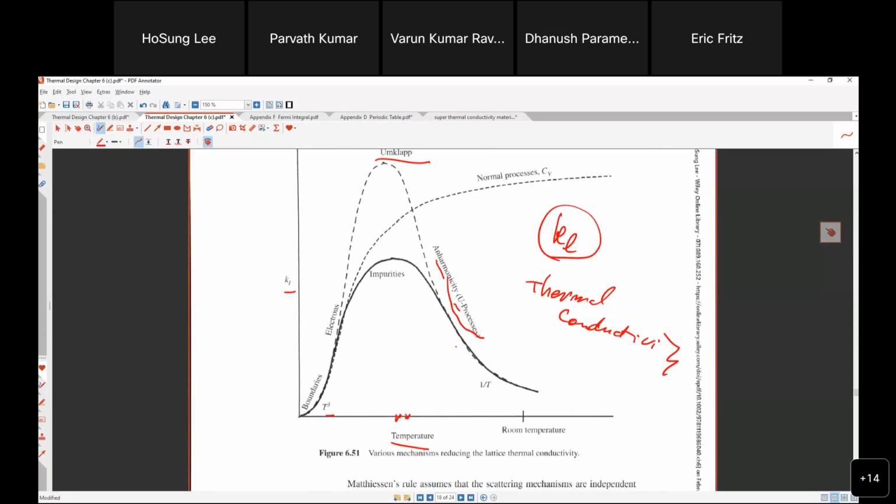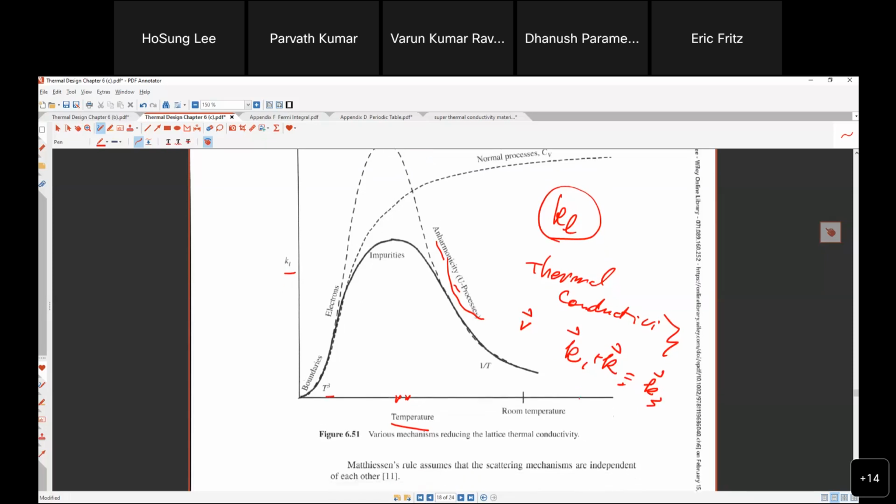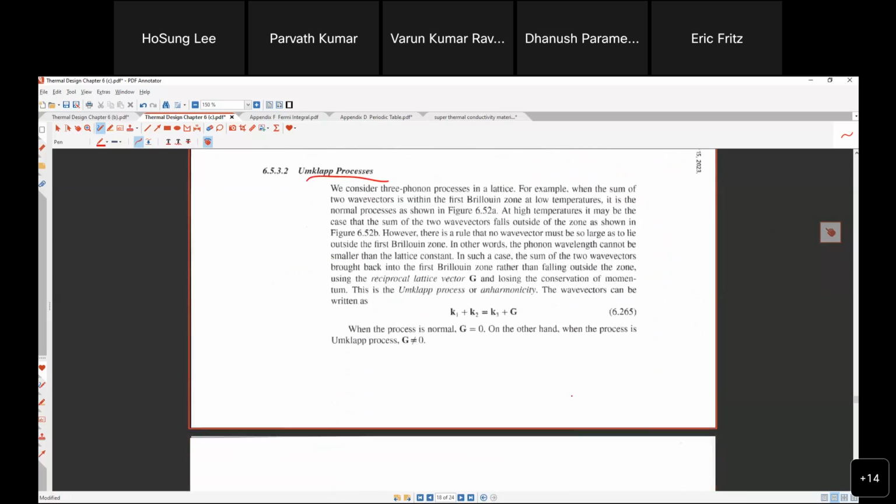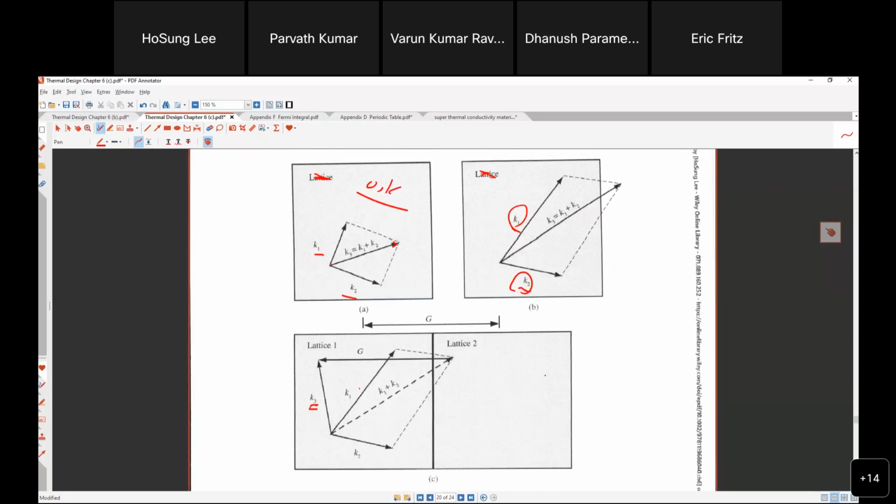That's what happens near the boundary: it scatters because normal momentum conservation no longer holds. The momentum does not conserve. The velocity is a vector. The momentum, K plus K does not become K3, no conservation because of Umklapp. Okay, that's very important. That's what happened.